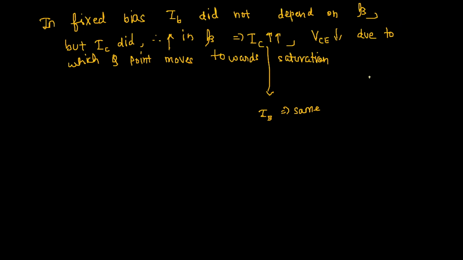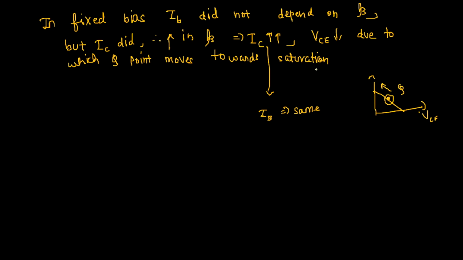Like I said, in the load line, the Q point should ideally remain exactly in the middle. So now if the value of collector emitter voltage decreases, the Q point tends to move towards the y-axis, due to which we do not get optimal amplification.